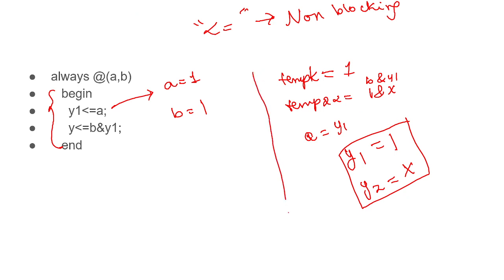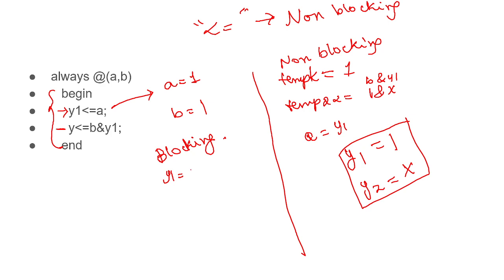Okay, madam. Whereas this was for non-blocking. If we are using a blocking assignment, then it will execute in the order given in the list. So first it will execute y1 is equal to a, so y1 will get the value 1, and next it will execute y1 is equal to a and b, so b is 1 and 1, so it will get the value 1.